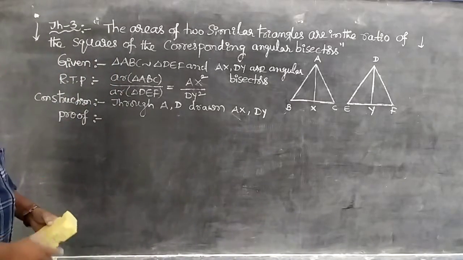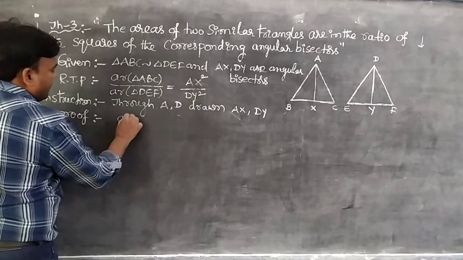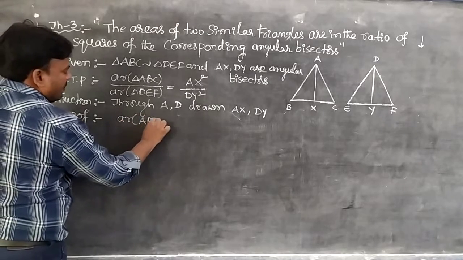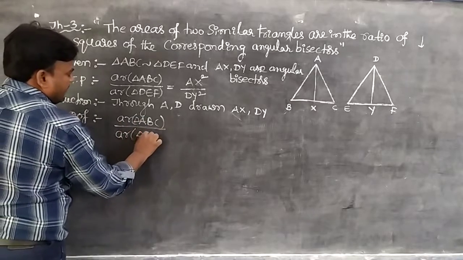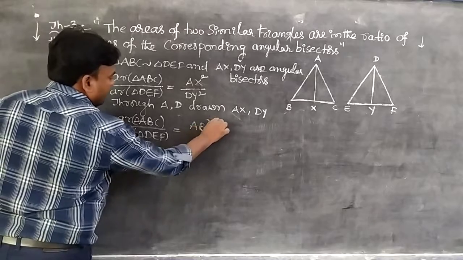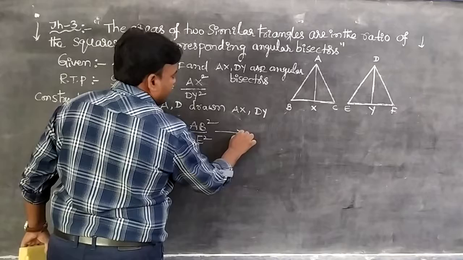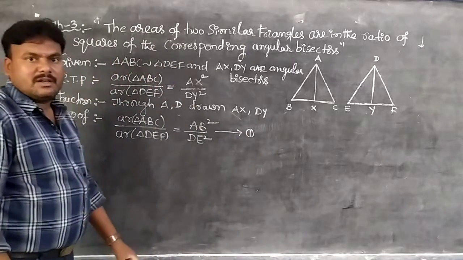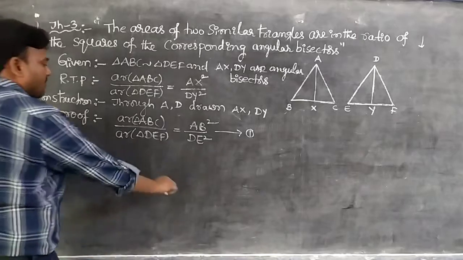So from the figure we know very well, in the basic theorem, the ratio of area of triangle ABC by area of triangle DEF equals AB square by DE square, which is equation number 1. We know very well that both triangles are similar, already given according to the problem.